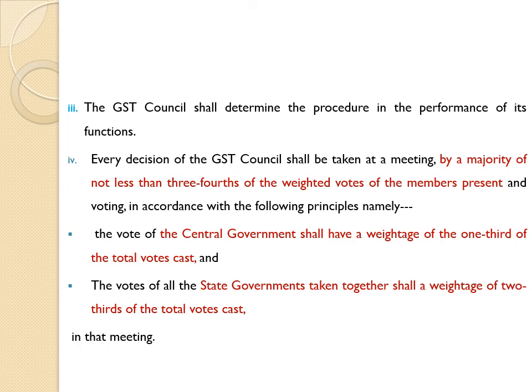Two ministers of the Union government are included in that council, and the remaining members are from states and union territories. But the weightage given is one-third of total votes cast to the central government and two-thirds to the votes of the state governments together collectively.